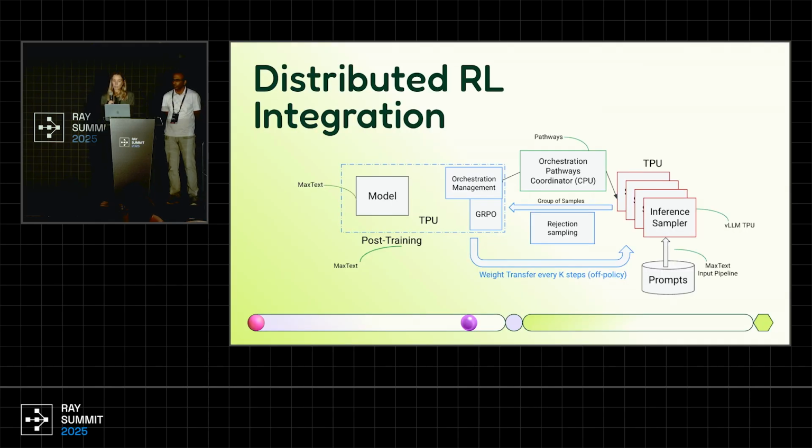The next is, as I mentioned, distributed RL integration. As Manoj also mentioned, we support JAX as the lowering path, but we also support Pytorch models. So really building out more advanced capabilities for distributed RL integration is a big focus of ours in the next 3 or 4 months.